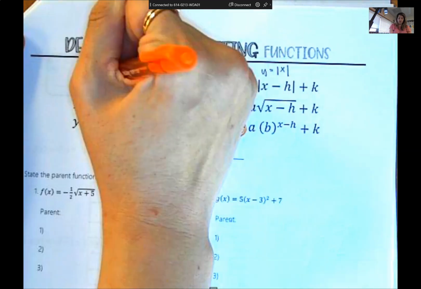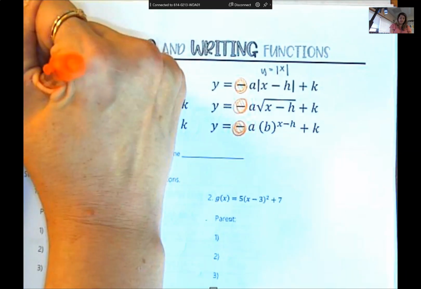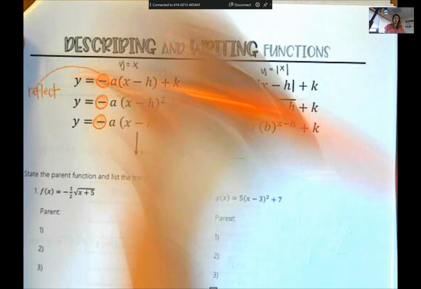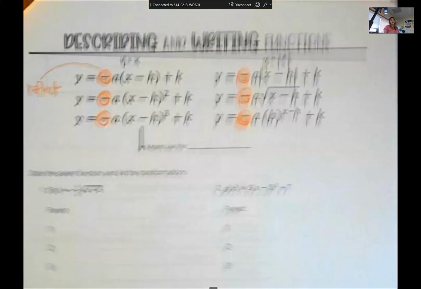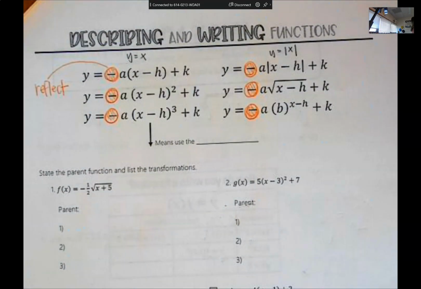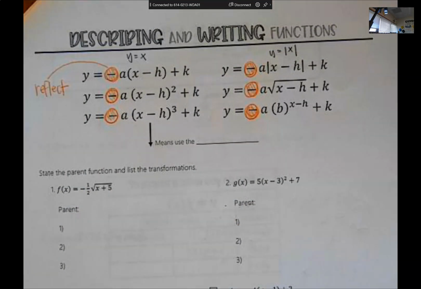So I'm just going to draw a little arrow and say, this is going to reflect my graph. So whether it's a line or a parabola or a roller coaster, if you put a negative on the front, it is going to flip your parent function over across the x-axis.